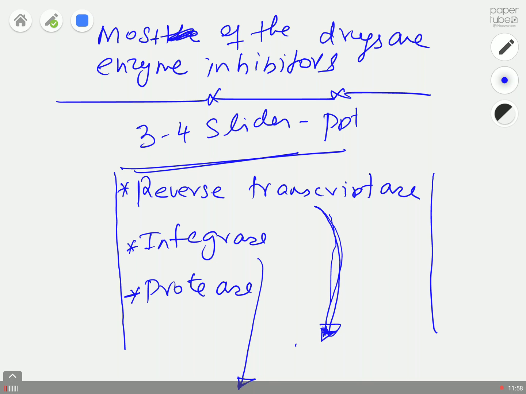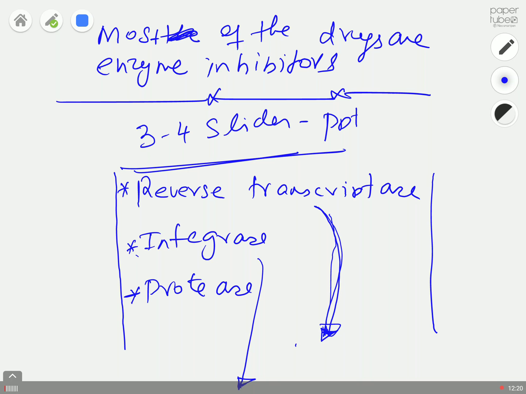If you don't want to go into biology, just think from an engineering point of view: the lifetime of this virus depends on three enzymes, and these three enzymes have to do some job. I'll just explain the biological part of the job of these enzymes.